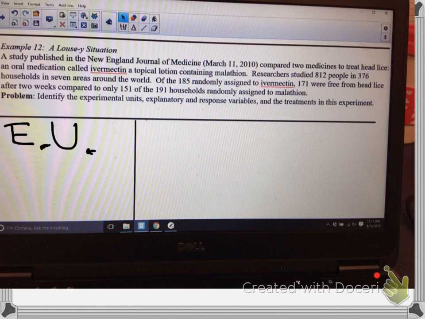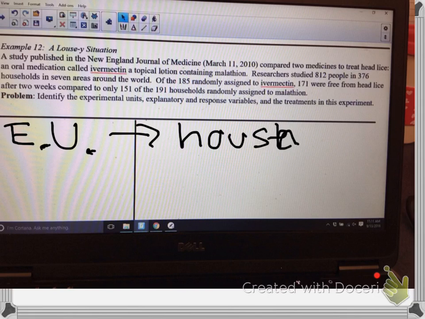And it's actually part of the households. So that's your experimental unit there, right? What is happening? The treatment is going to the households. Yes, or you could say the people in the households. That would be okay as well.